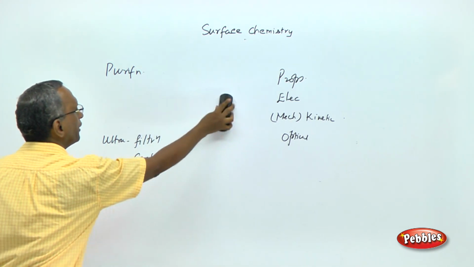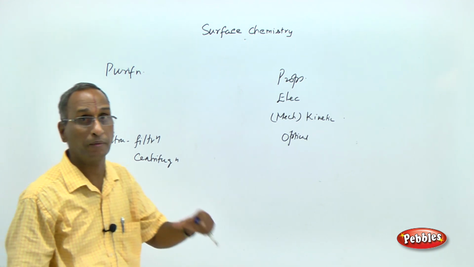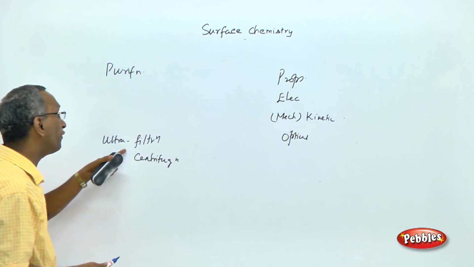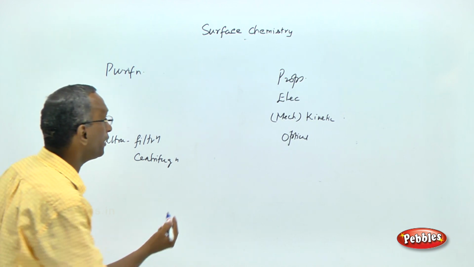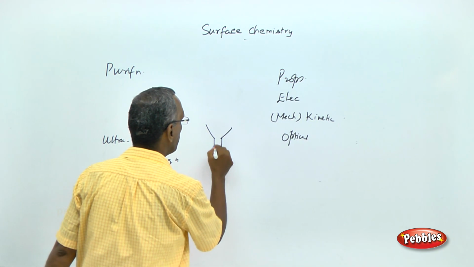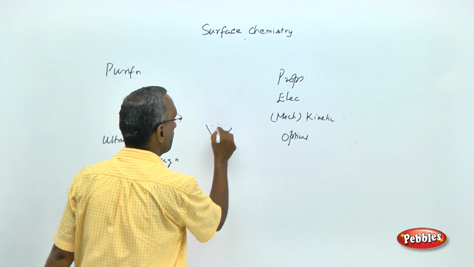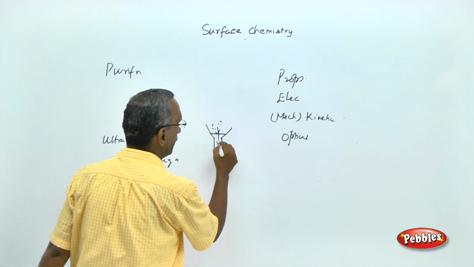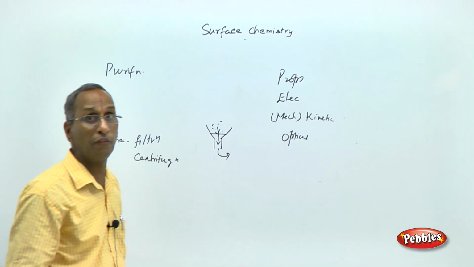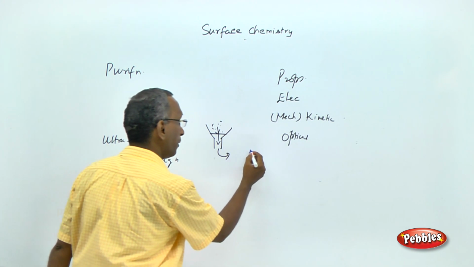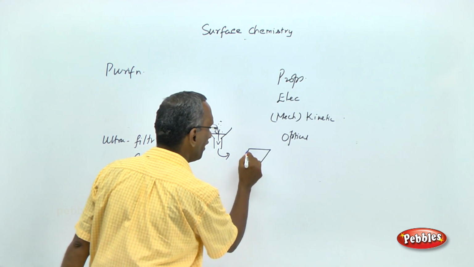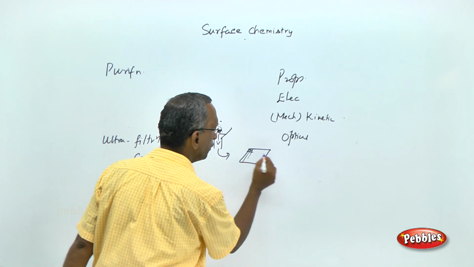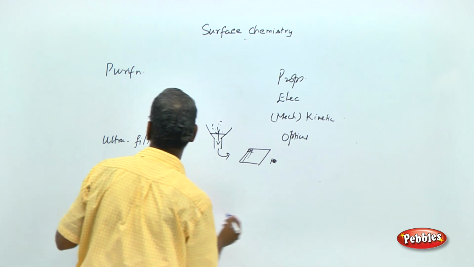These are methods based on filtration: ultrafiltration and centrifugation. Filtration, we know, if passed through a filter medium, heavier particles will be retained on the filter bed, and lighter particles will come out. But the filter bed is made up of very small size mesh, and that is called ultra.